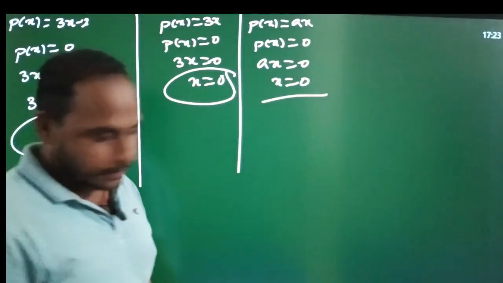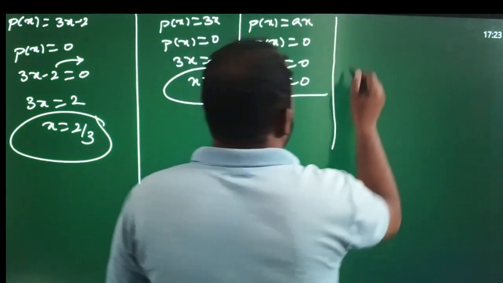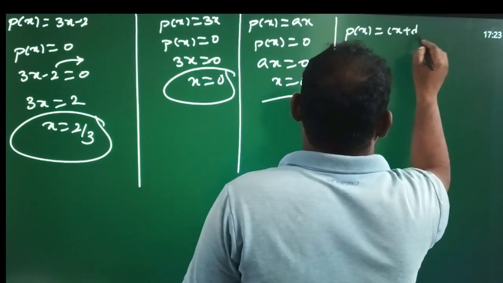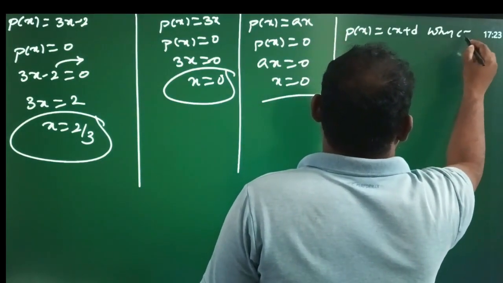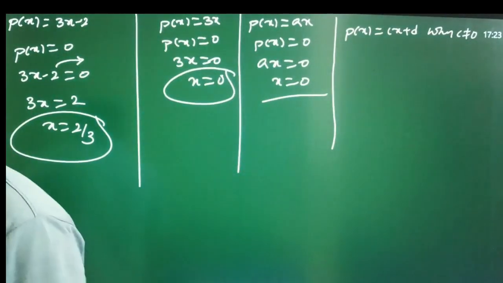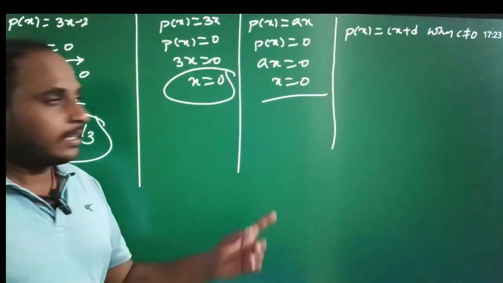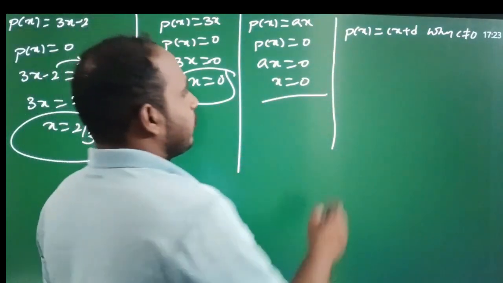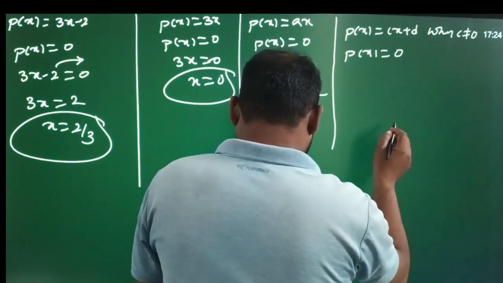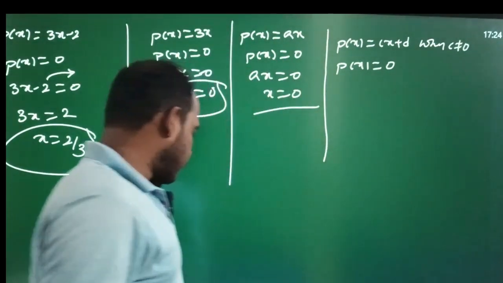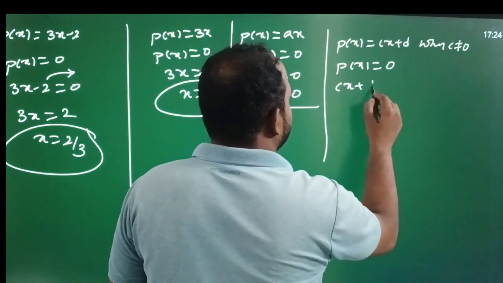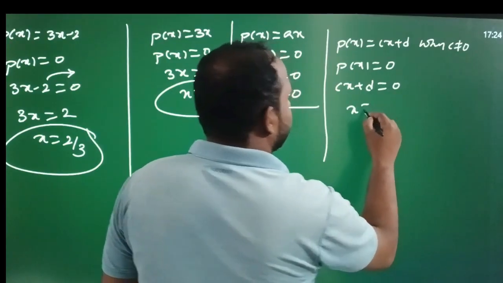Next, p of x equals cx plus d, where c is not equal to 0. Now p of x equals 0, therefore cx plus d equals 0.